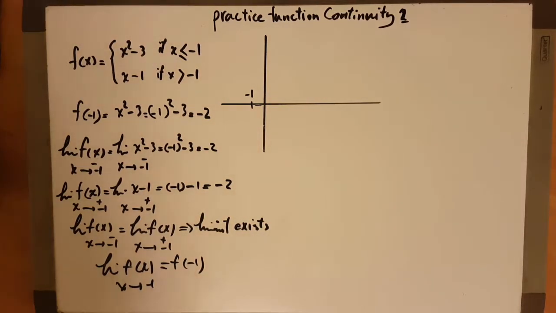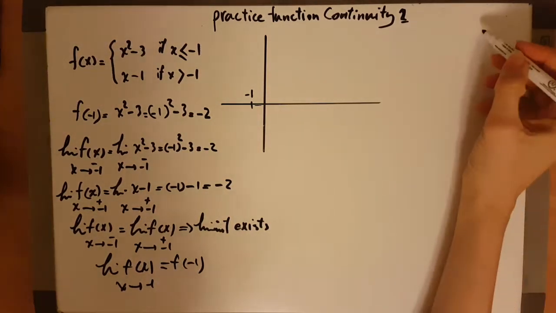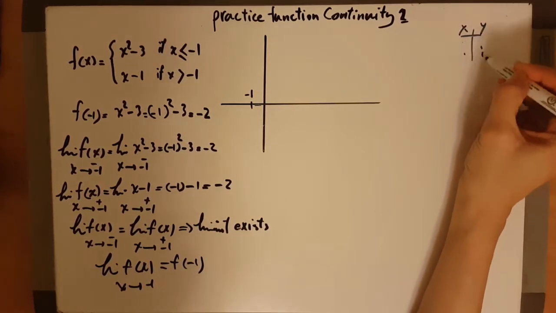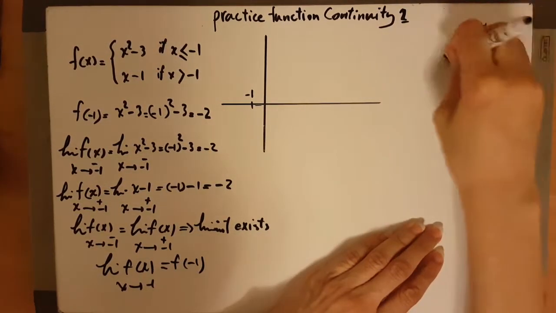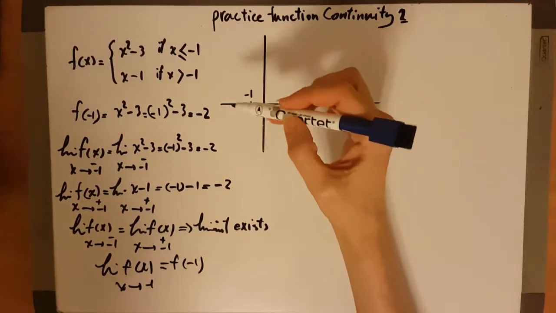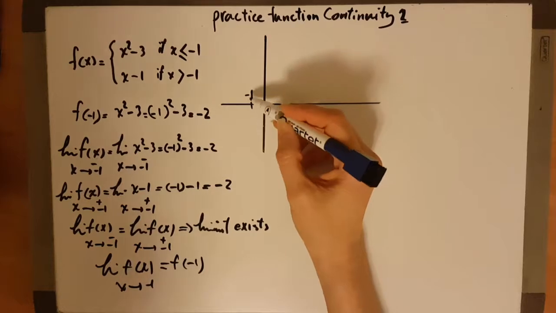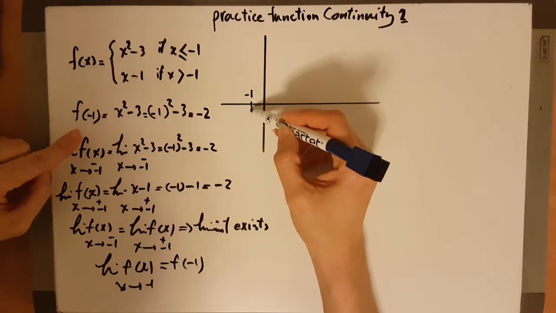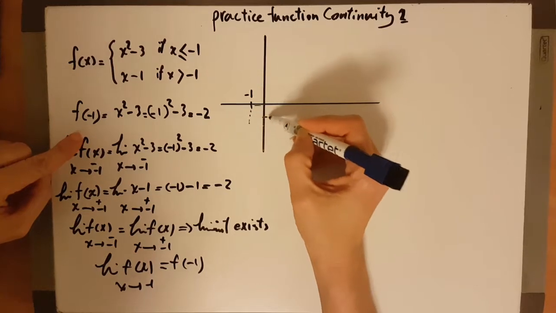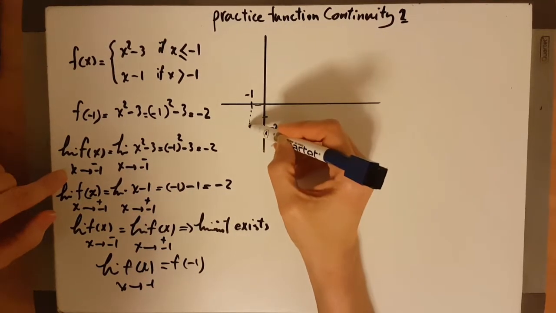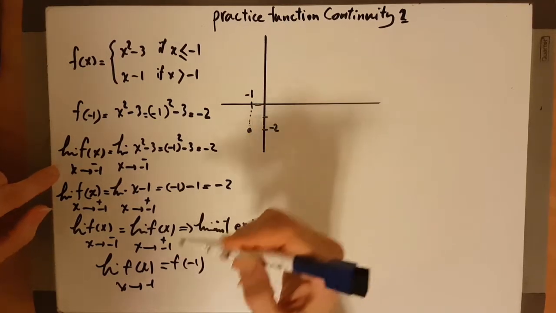I suggest you give numbers to x's, find the y's and draw your graph. Because we don't have time right now, I do it quickly, but you yourself be patient and do it. So for f of -1, my point would be -2, so this is where my point is.